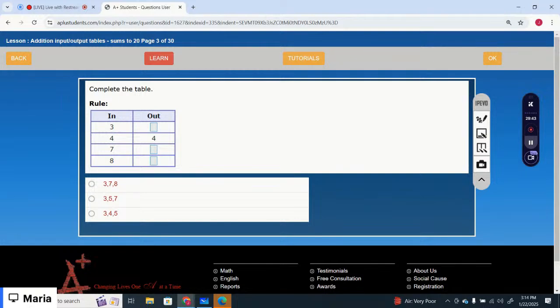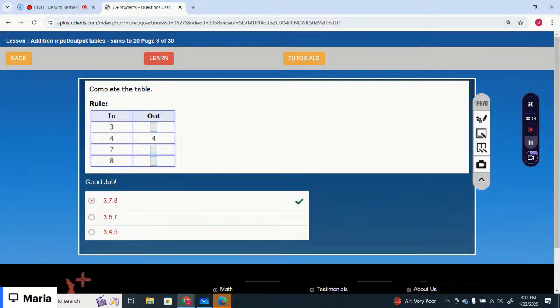Complete the table. But you are not given the rule here. I think the rule is 0. That is 3, 7 and 8.